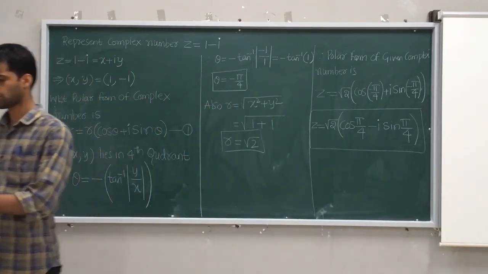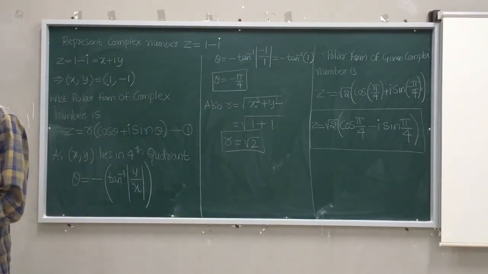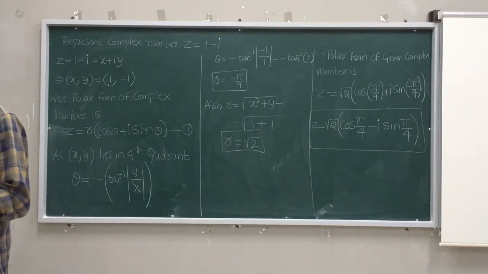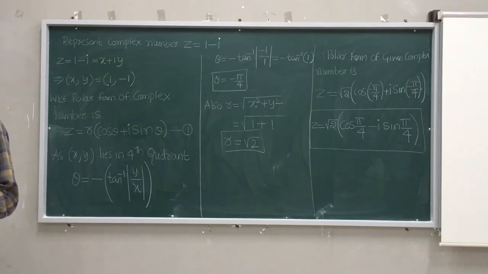This is a problem from the exercise part. If you observe the exercise, you will find numerous questions there, and you can pick any question of your interest. In exercise 5.2, a series of questions is given, and the answer we got there is root 2 times cos pi by 4 minus i sin pi by 4.